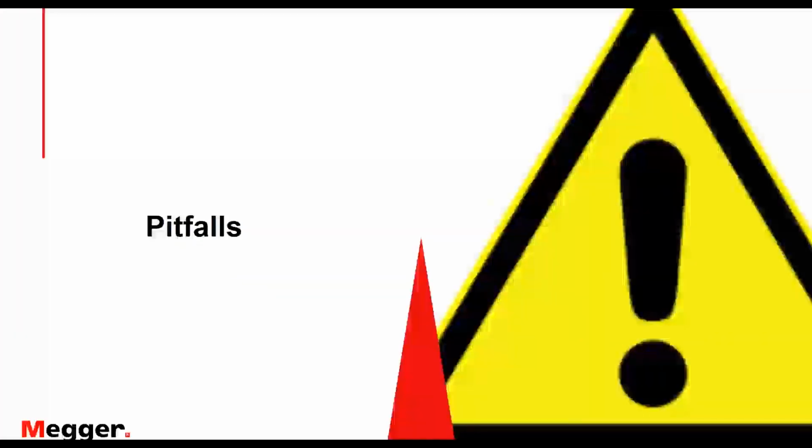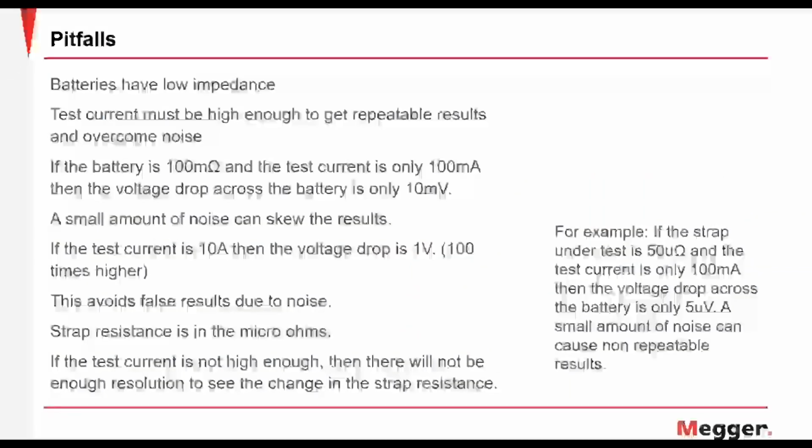Some of the pitfalls that you might fall into when you are testing. The first one is that batteries have a low impedance. The bigger the battery, the bigger the plates inside, and thus the lower the impedance of the battery.